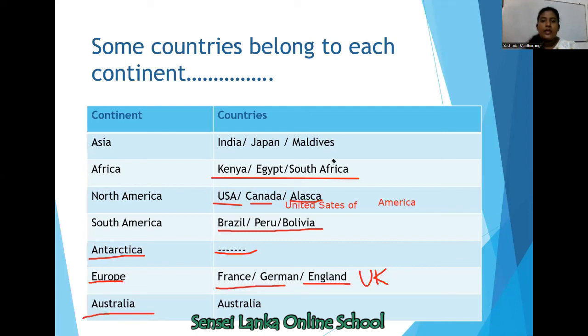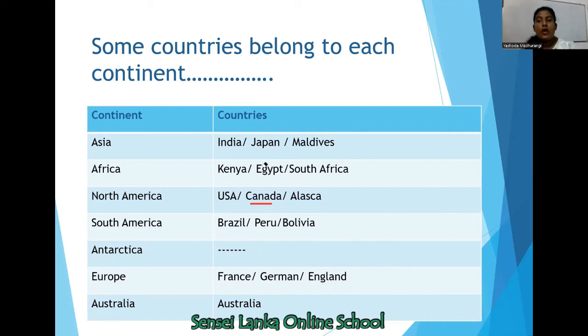So like this, you also can make a table with a lot of countries. In my table, I mentioned only 3 countries from each continent. With the time being, we can discuss only a few. But dear children, if you have time, you can make a very big chart. There you can mention all the countries in that continent. It will be interesting for you to find that.